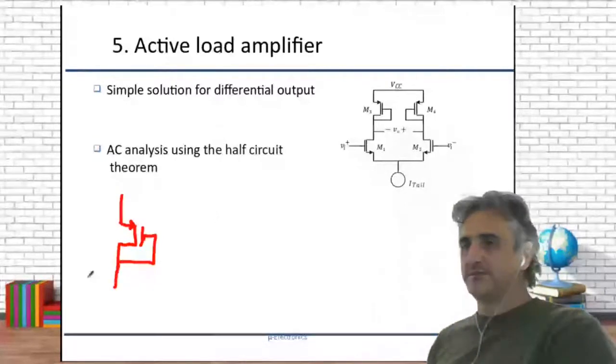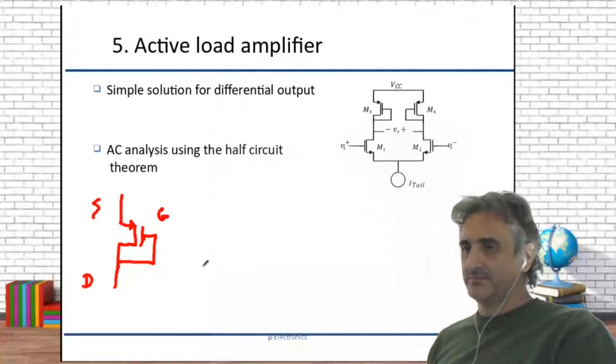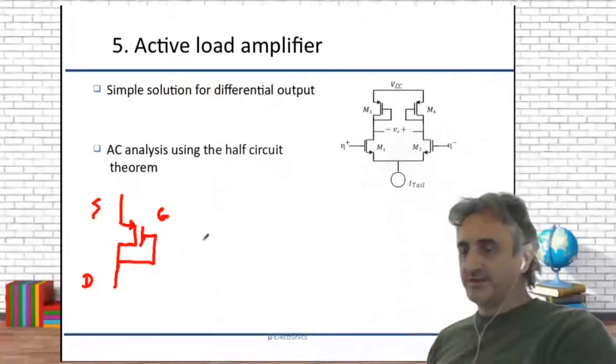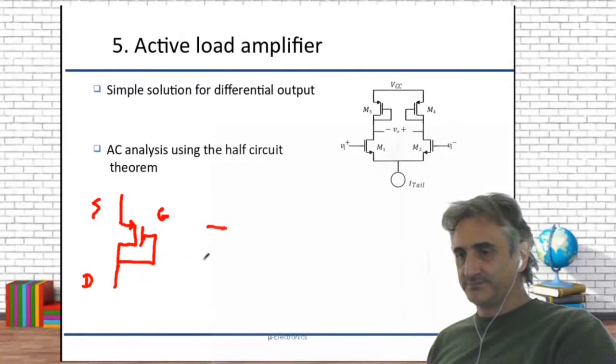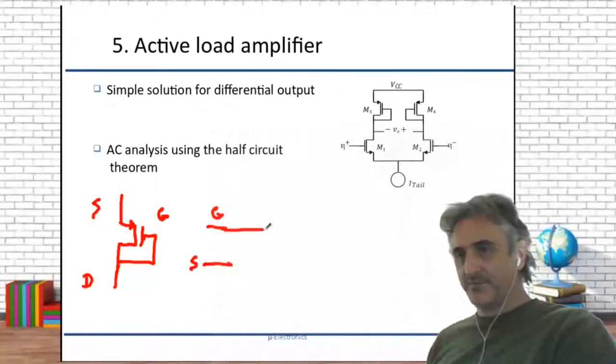This is the drain, the source, and the gate. So in this case, the small signal is this one, between the gate and the source.